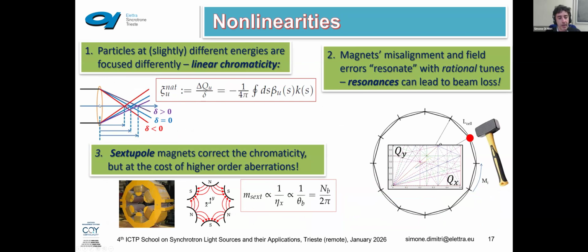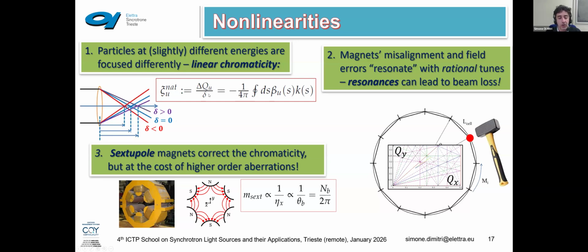But as it happens in a dipole, where particles of different energy are bent differently by the same magnetic field, the same happens in a quadrupole, which acts like a dipole on a much shorter scale. In other words, particles with different longitudinal momentum or different energy will be focused differently by the same quadrupole field gradient. Now, this means that these particles will be oscillating slightly differently from one another.